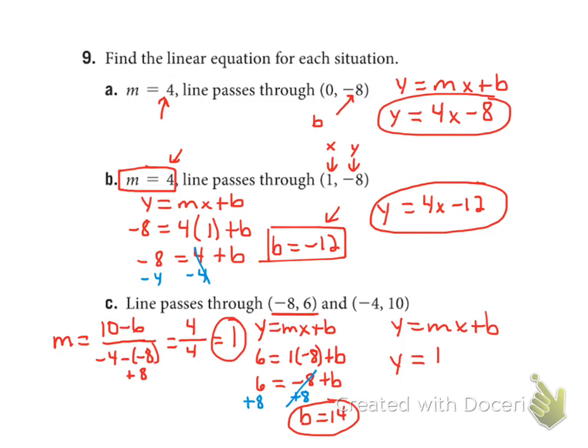Wouldn't it be 6? No, we're not plugging a value in for x at this point. We're substituting in the m and the b. So this is still going to be an x here. Plus 14. There you go.